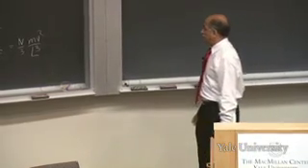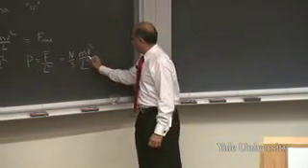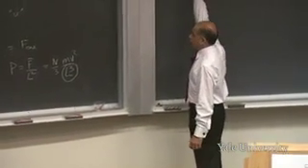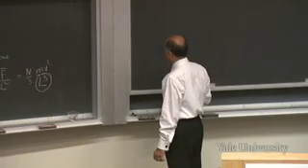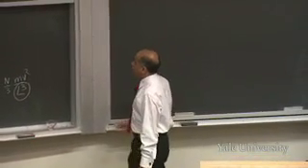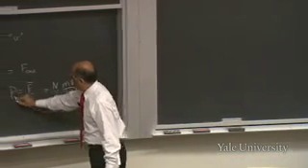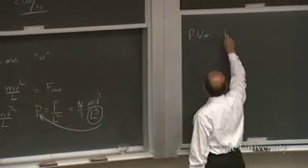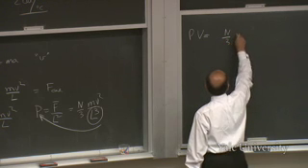Now, this is very nice because L cubed is just the volume of my box. So I send it to the other side and write it as PV equals n over 3 mv squared.